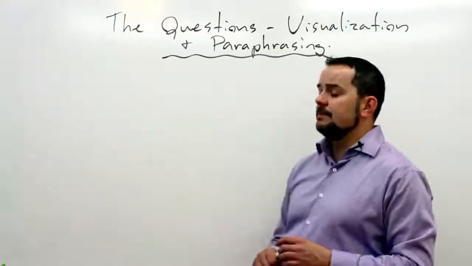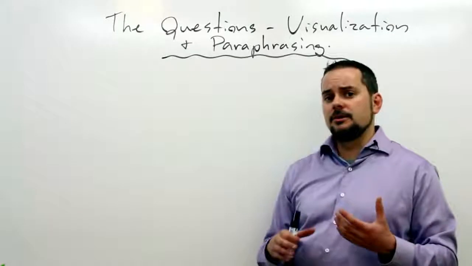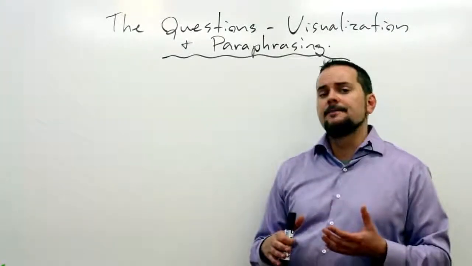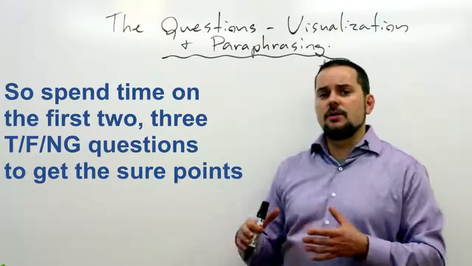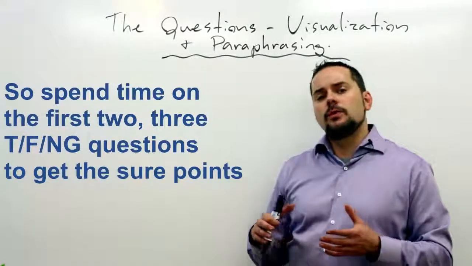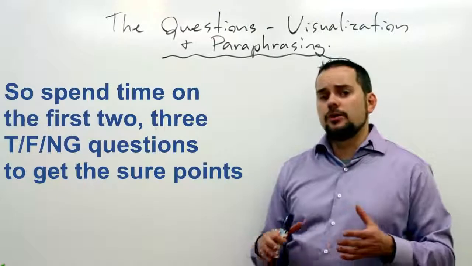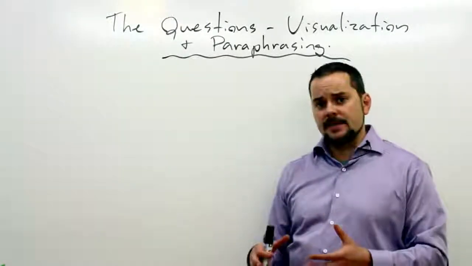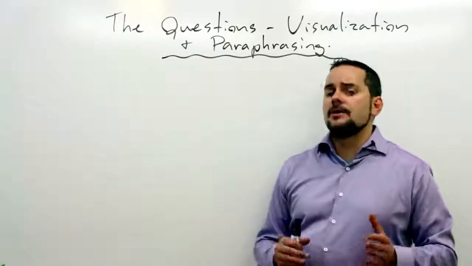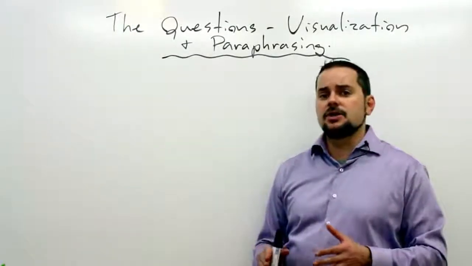So that means that if you want to spend some time to make sure that you got an answer correct, you should spend time on the first 2, 3 true, false, not given questions, and don't worry too much about the last 1 or 2 true, false, not given questions. I mean, do your best, give an answer, and then move on to the next questions.